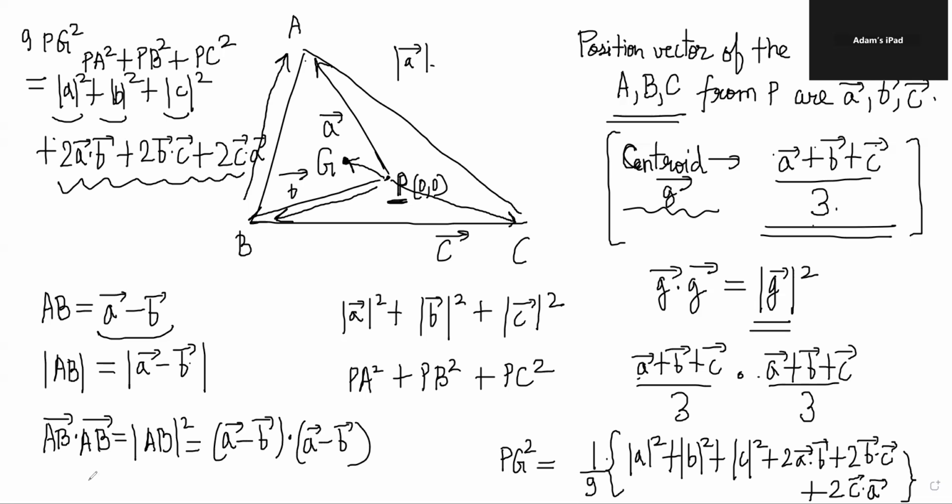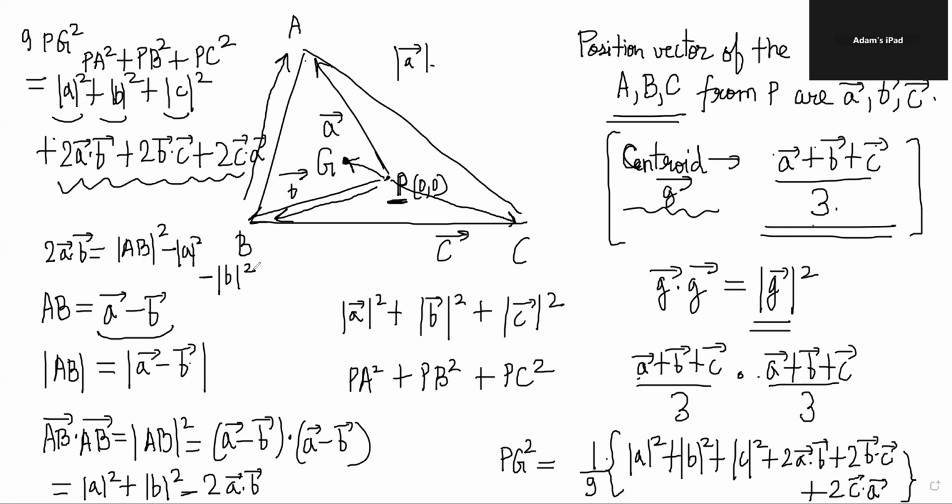And that is going to become mod of A square plus mod of B square minus 2 times A dot B. So now I can isolate 2 times A dot B, which is equal to AB square minus A square minus B square, right?